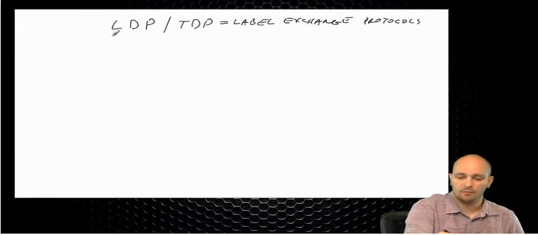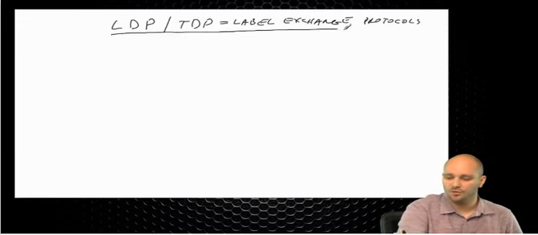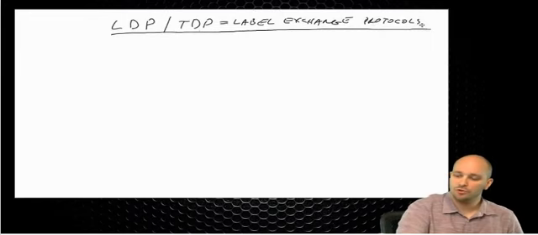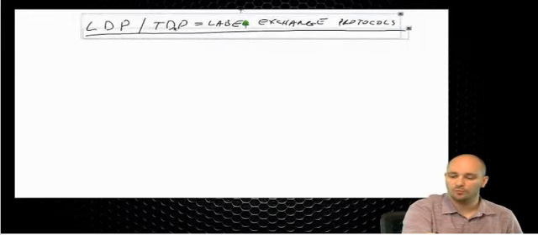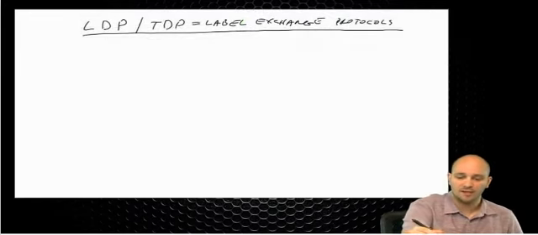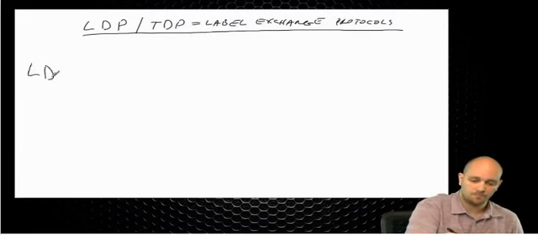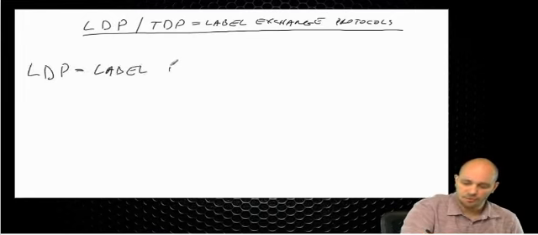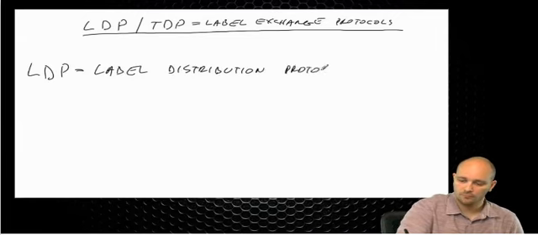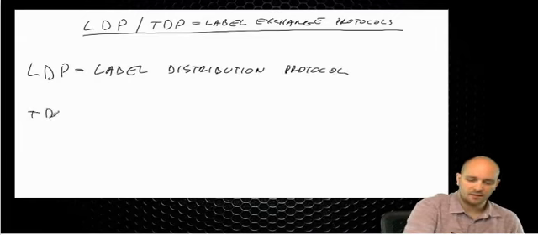Now, I am deliberately avoiding to use their names here because I want you to remember what it is they do and not necessarily their names. LDP stands for Label Distribution Protocol, and TDP stands for Tag Distribution Protocol.